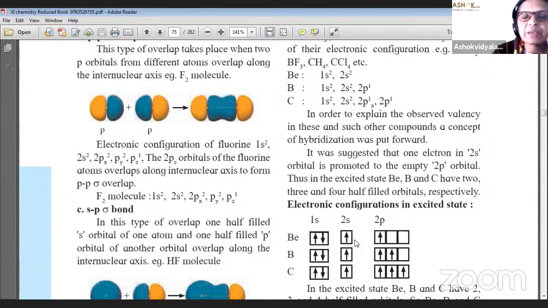And in the excited state, one of the electrons from this 2s orbital has been promoted to the vacant 2p orbital, and now there are two unpaired electrons present in beryllium. So it can now form two bonds, and this is called hybridization.